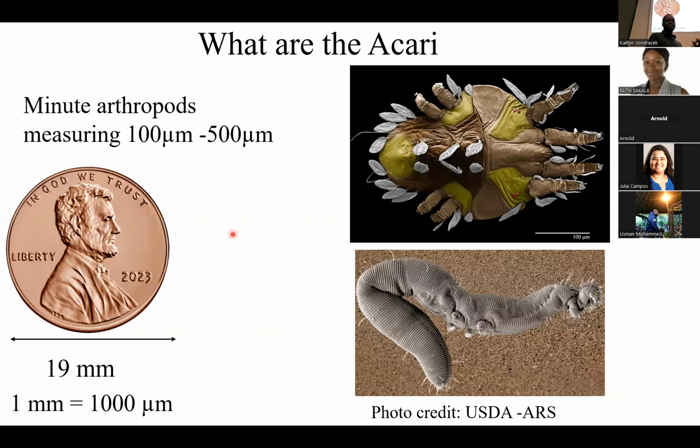In 1 millimeter, we have 1,000 micrometers. So how many of them can I fit along the diameter of this penny? Who can do that quick math? Anyone? Yeah, approximately 36. Approximately 36 of those tiny mites, just lining them up on this penny. So that tells you how small these things are.